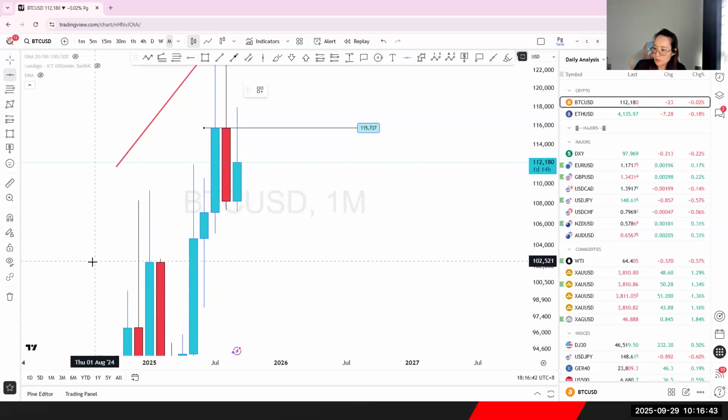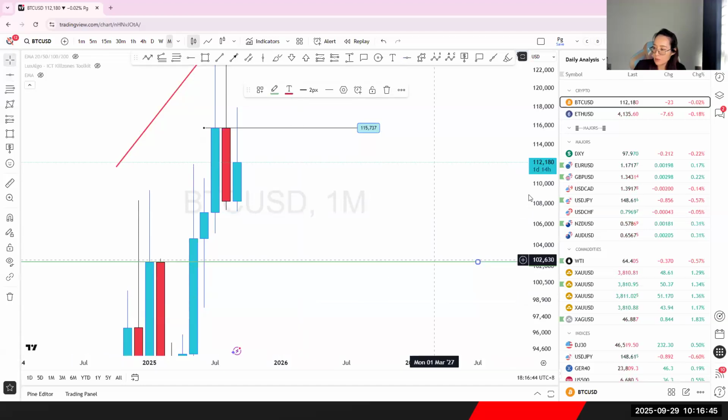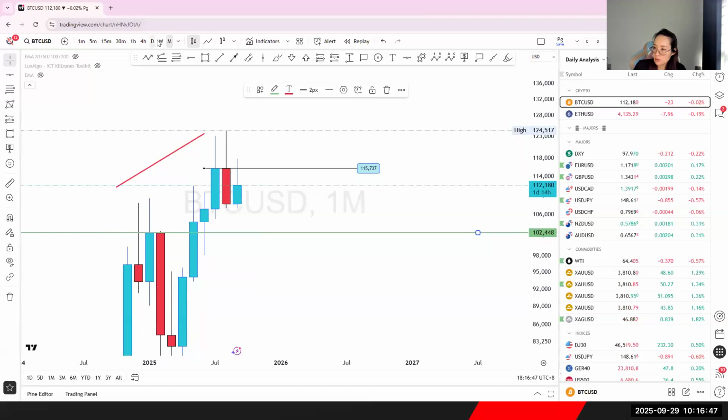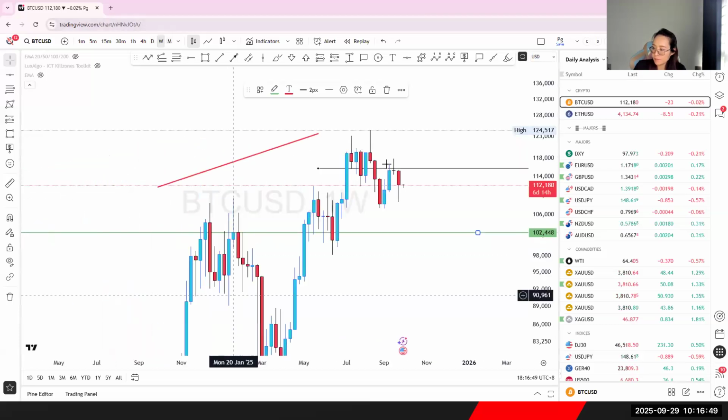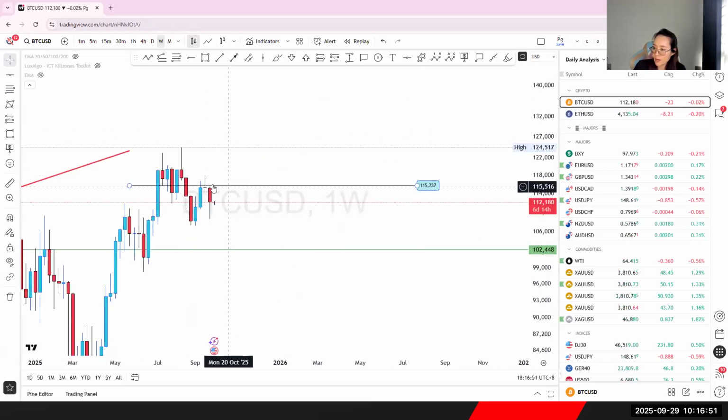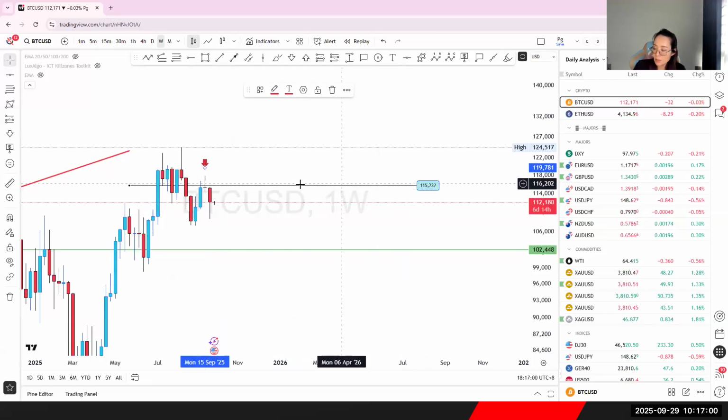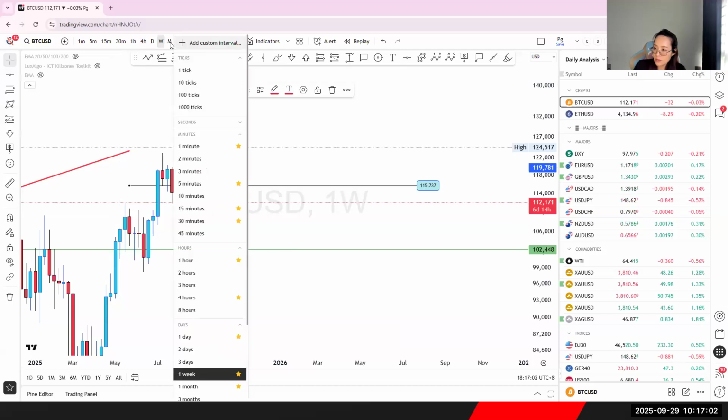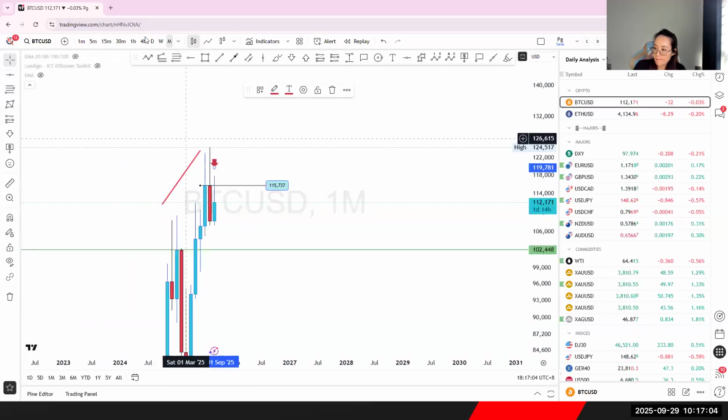The body, which is this, is a support level, 102. This is a monthly time frame. Here you see whenever price, remember we have the price action here. What is this? Evening star, right? This is the evening star, and this is the body of the monthly time frame.